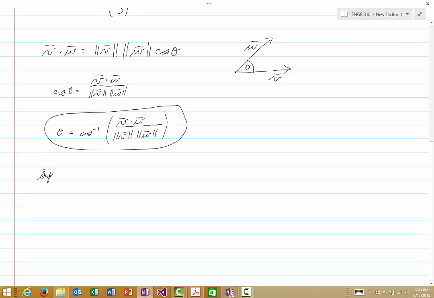Suppose that v and w are two vectors such that the norm of v is not equal to 0 and the norm of w is not equal to 0.